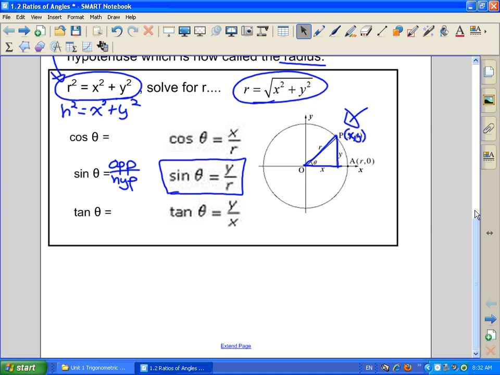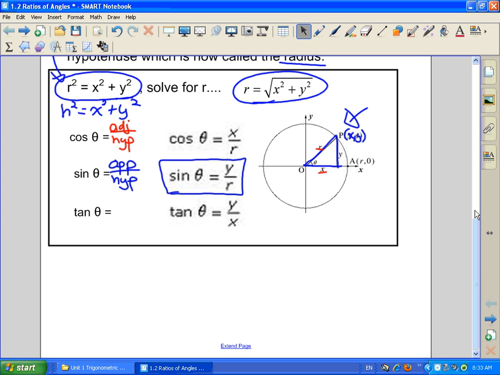Okay, now let's go in order. Cosine is the adjacent side over the hypotenuse. Again, you can use SOHCAHTOA to remember this too, or visually quickly draw this. If we transfer that over into our circle diagram here, the adjacent side is x, and your hypotenuse is the radius.